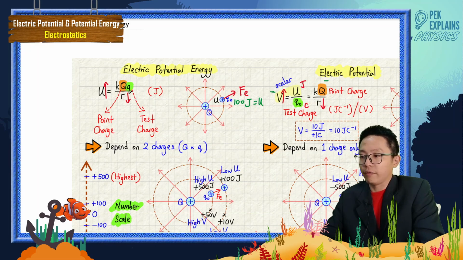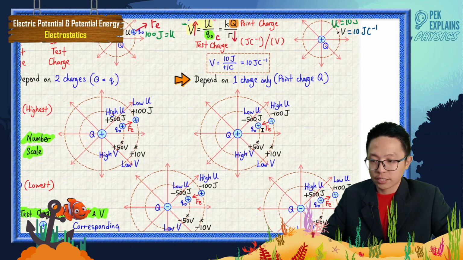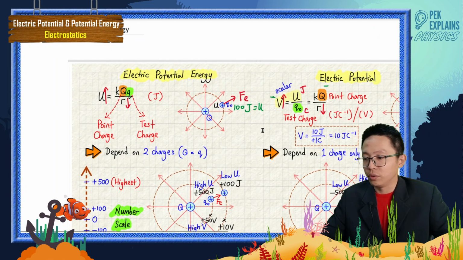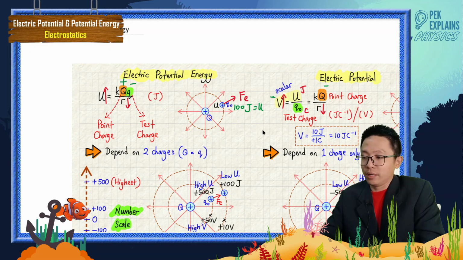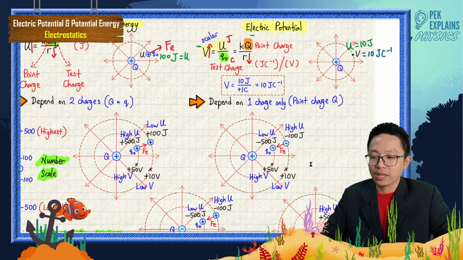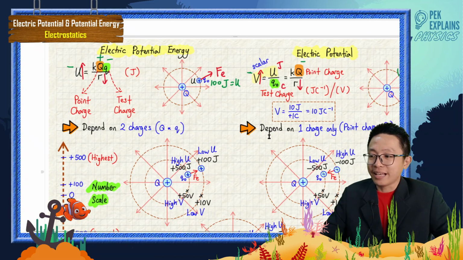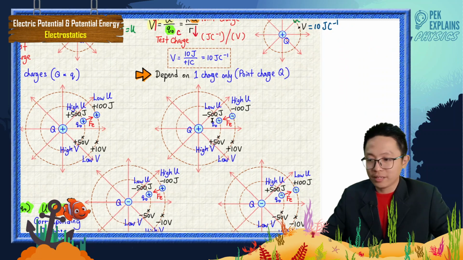Now what do we have? A positive point charge and a negative test charge. That means we end up with a negative potential energy. So that's why our potential energy is negative. You understand that?